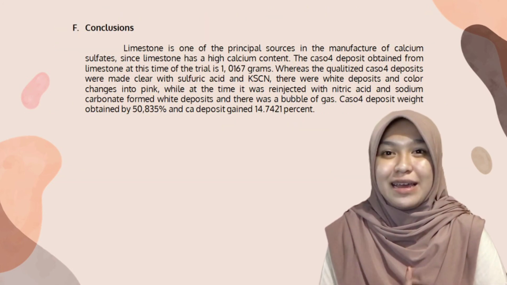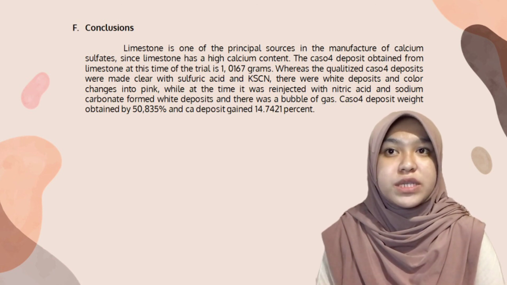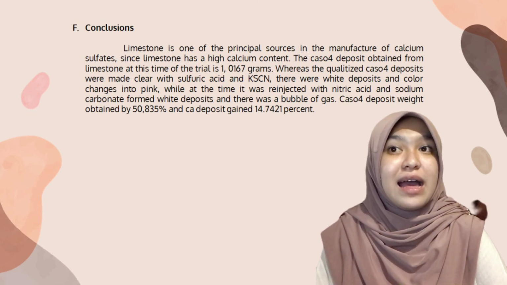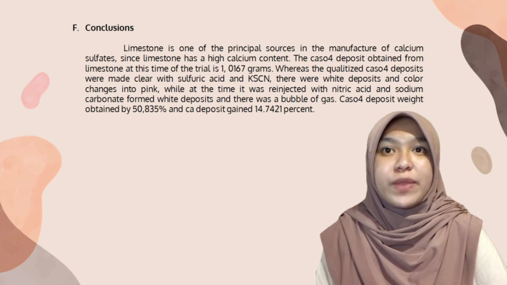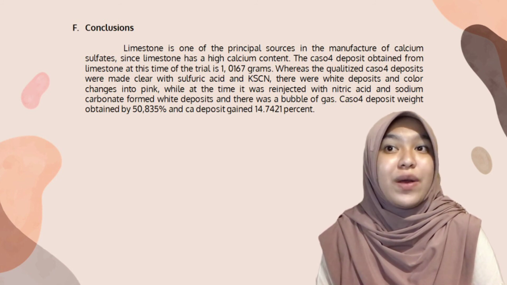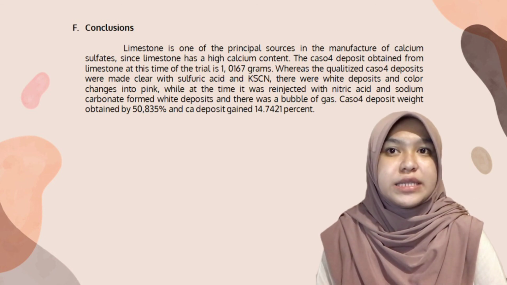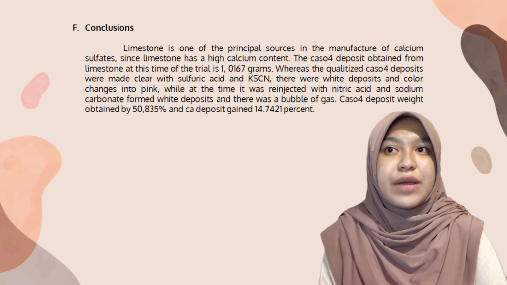Next, conclusion. Limestone is one of the principal sources in the manufacture of calcium sulfate. Since limestone has a high calcium content, the CaSO4 deposit obtained from limestone in this trial is 1.01667 grams, whereas the quality of the CaSO4 deposit was tested with sulfuric acid and KSCN.